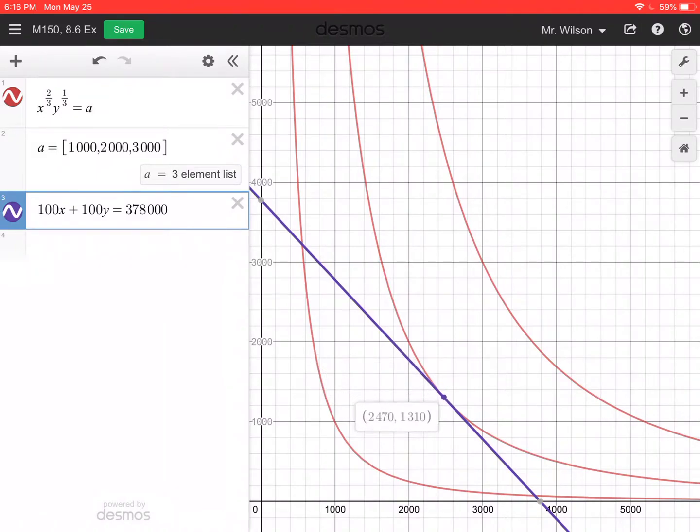And if I go right into the middle there, you can see 2520, 1260 is right there. So that looks like it's right about spot on with what we actually found algebraically, using our methods.